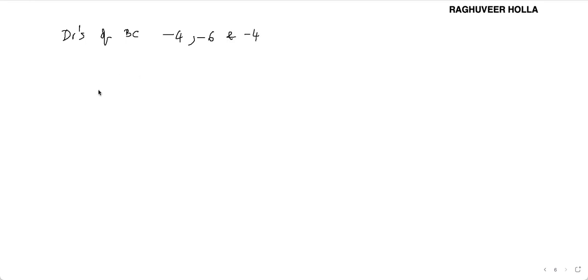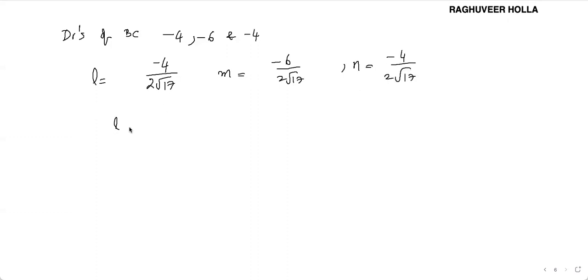So L will be minus 4 by 2 root 17, M minus 6 by 2 root 17, N minus 4 by 2 root 17, which is equal to minus 2 by root 17, minus 3 by root 17, and minus 2 by root 17.